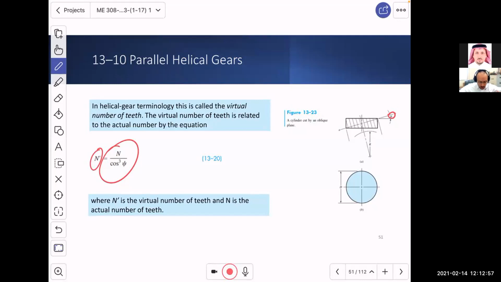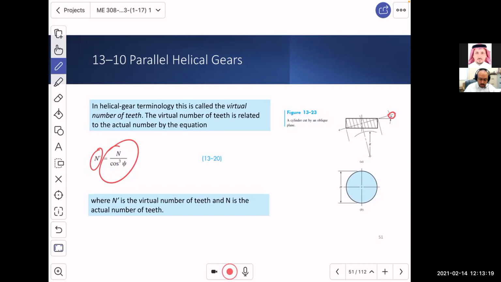If you are in a design condition and you say, you know what, I don't have a problem with the thrust, I don't have a problem with noise, my client said I have the choice: should I go with a spur gear or with a helical gear?